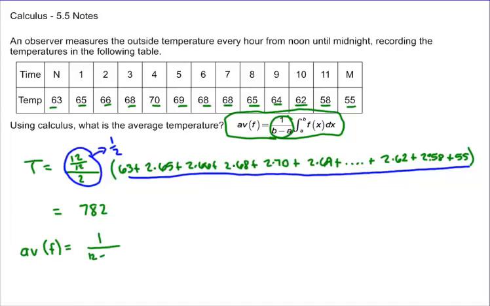I started at 12 noon, but think about this now. How many hours of time went by? It can't actually be 12 minus 12, because that would be 0. But how many hours went by? Well, 12 total hours. That's how many different interval pieces we're looking at. Times then the 782.